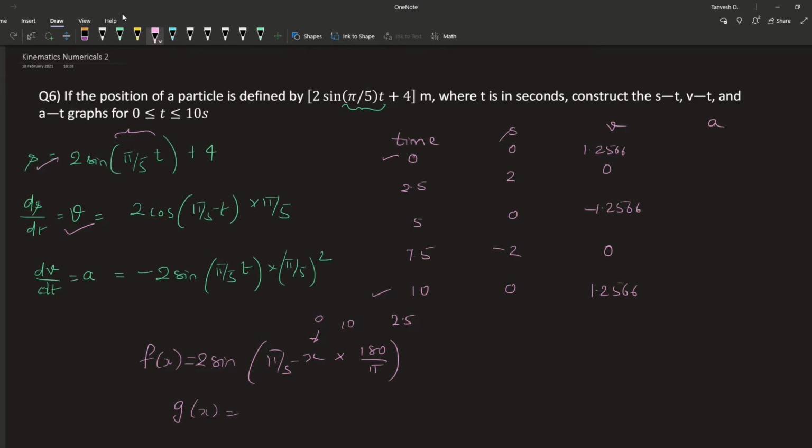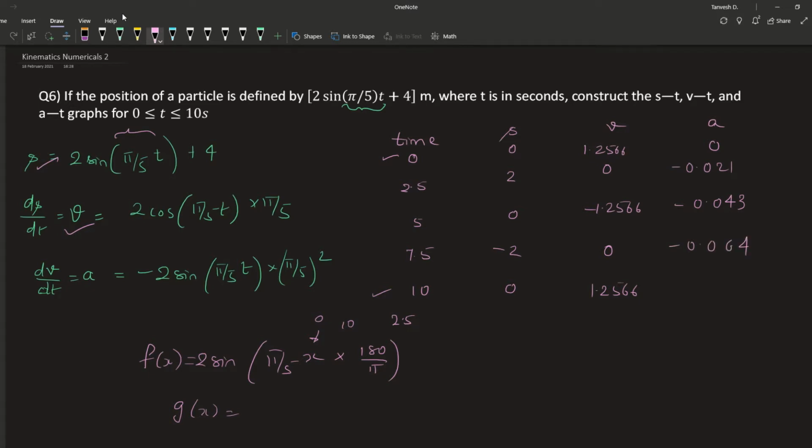We'll get the acceleration as 0, minus 0.021, minus 0.043, minus 0.064.